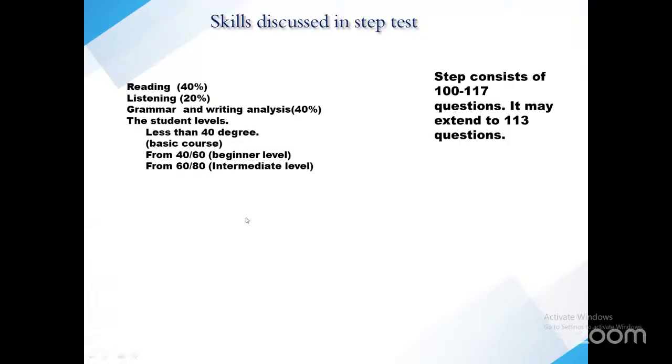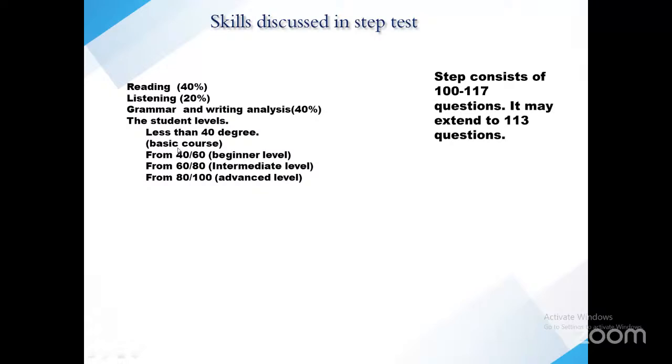So your level is intermediate in this test. The final stage, if you got from 80 to 100, you have an advanced level. Your level is advanced here. So these are the three different levels of this test.